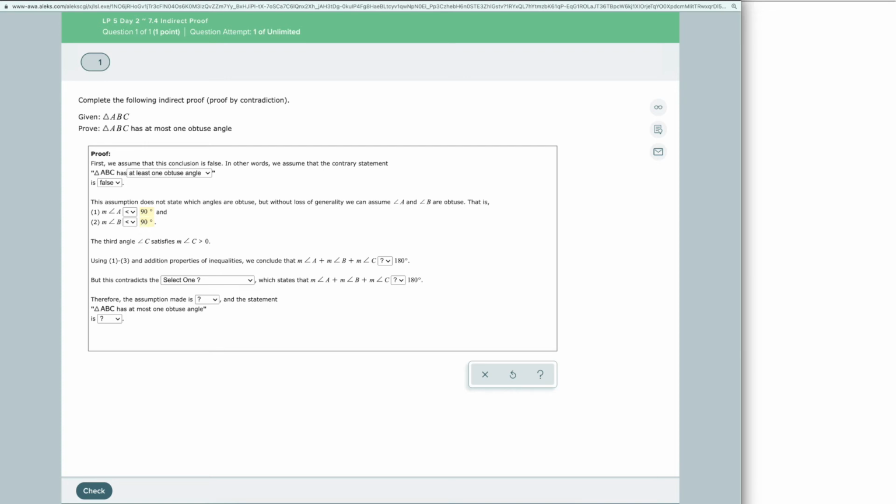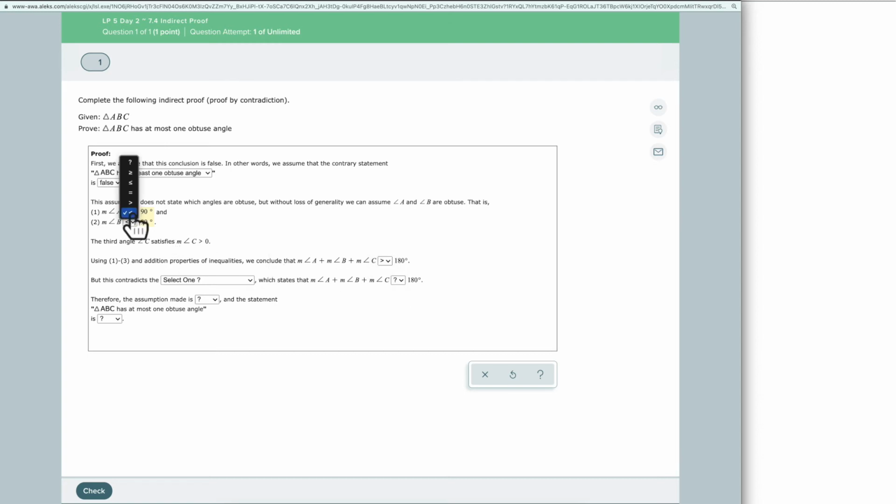Now, the third angle, angle C, satisfies angle C is greater than 0. Using 1 through 3 and addition properties of equality, we conclude that angle A plus angle B plus angle C would have to be greater than 180 degrees.